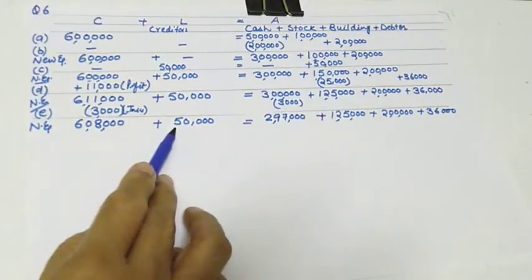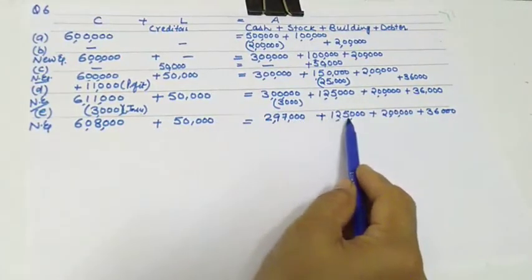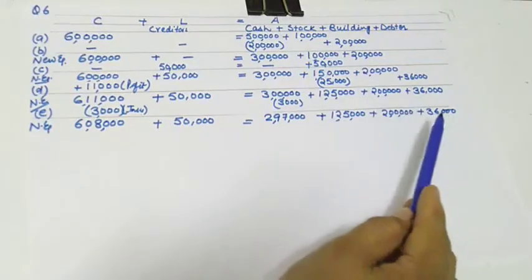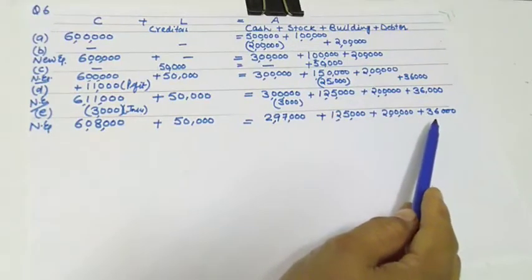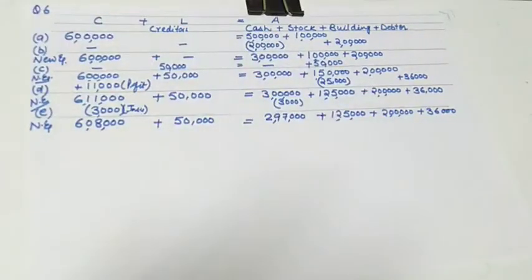This is 6 lakhs 58,000 and this is 297, and 125 will be 125. This is 225 and 36. Just wait. 225 and 36 will be 261 and 297.